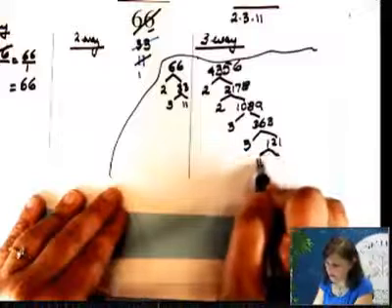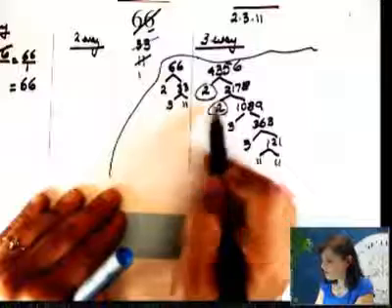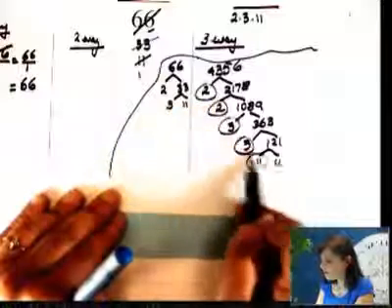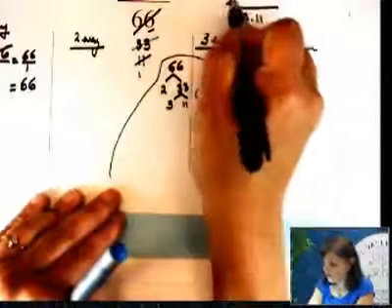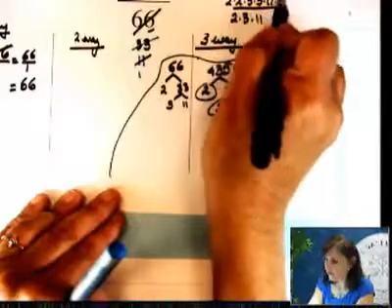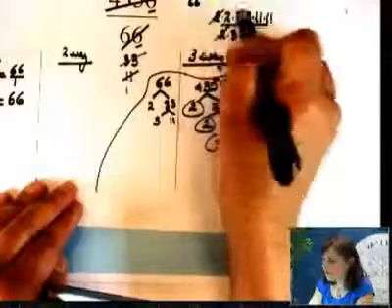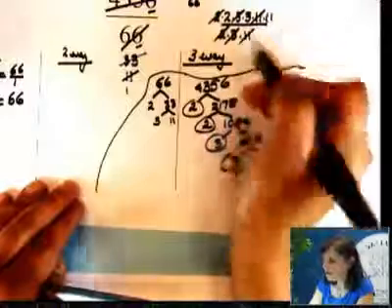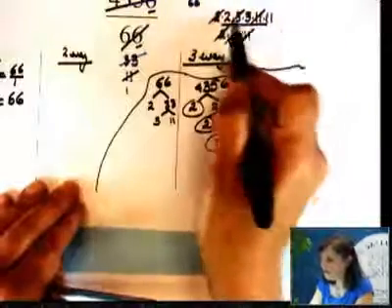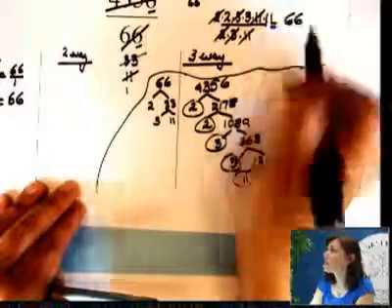Divide this by 11. Then I write these numbers: 2, 2, 3, 3, 11, 11. Now all you need to do is start crossing them off. Look what you have. You have 2 and 3 and 11, which turns out to be 66.